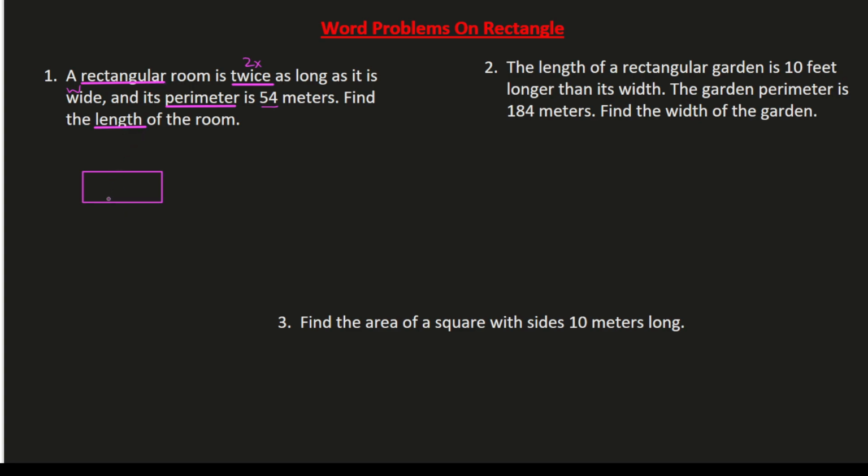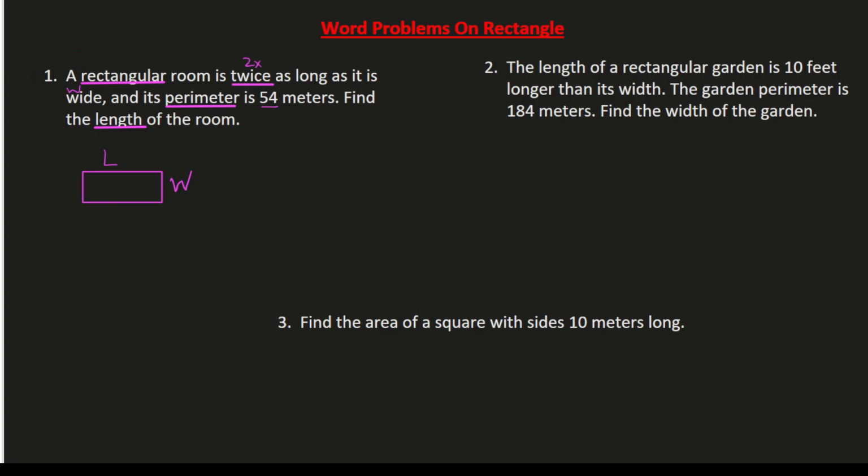Remember, the two parallel sides from up to bottom are called the length of the rectangle, and the two parallel sides from left to right are called the width. All right, let's put some values into those letters here.